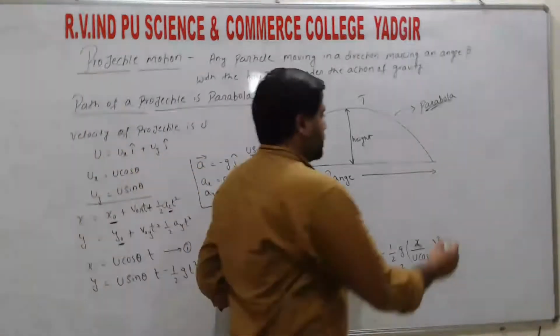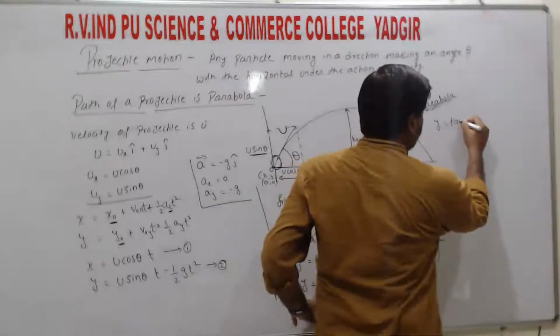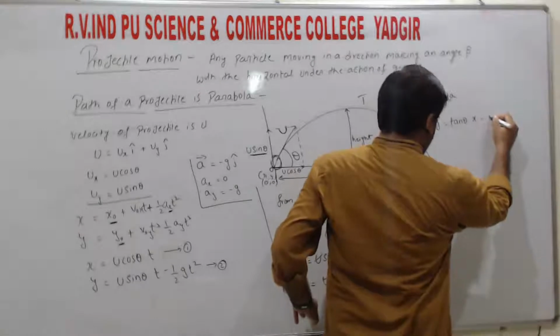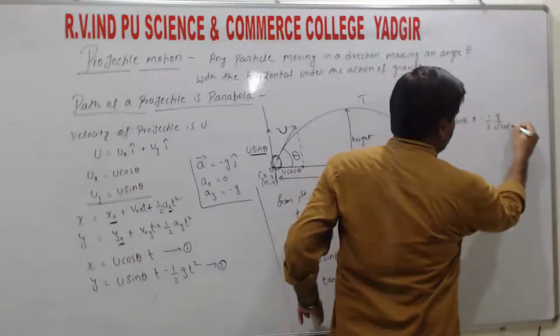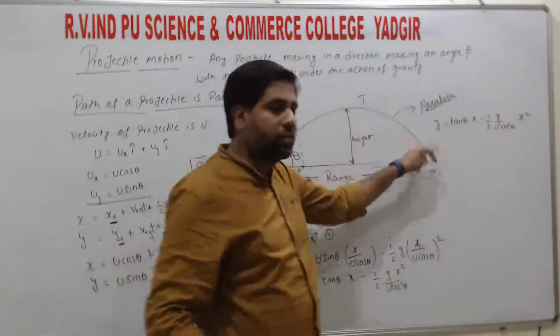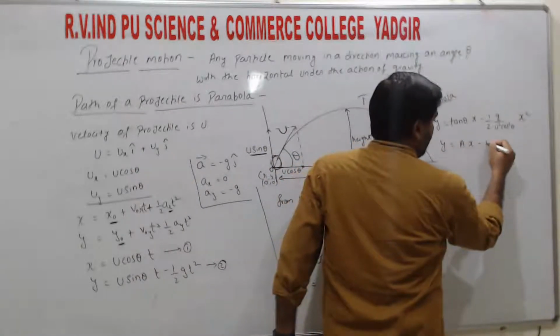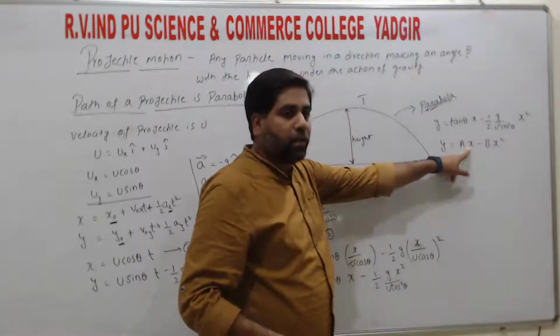Now we can write y equals tan theta into x minus 1 by 2 g divided by u square cos square theta into x square, right? Comparing this with the standard equation y equals ax minus bx square, this is the equation of a parabola.